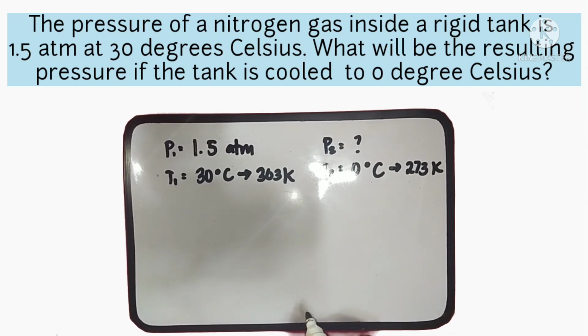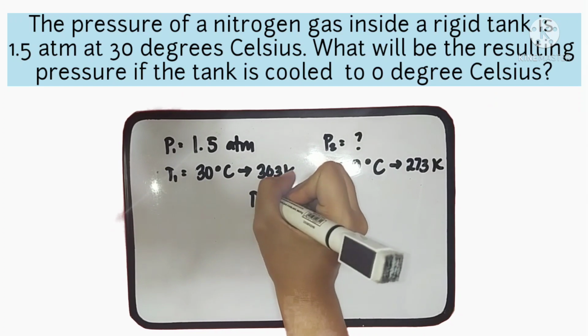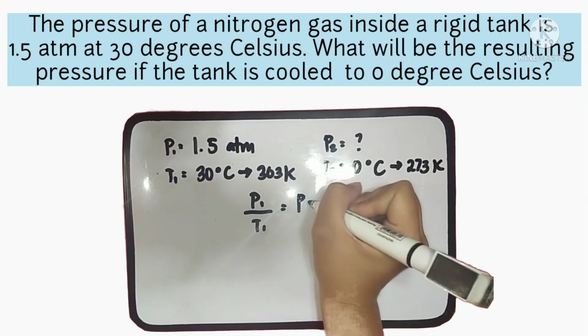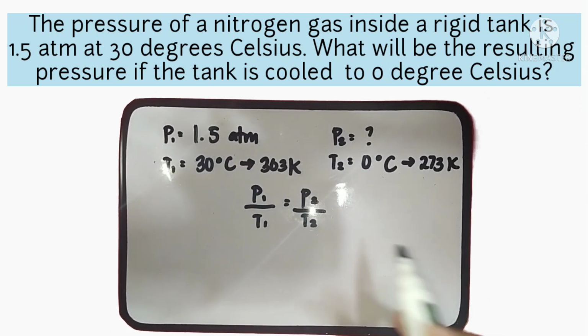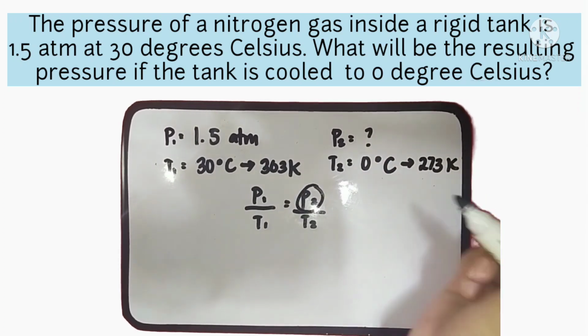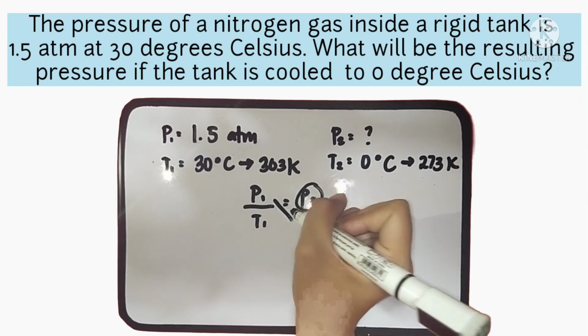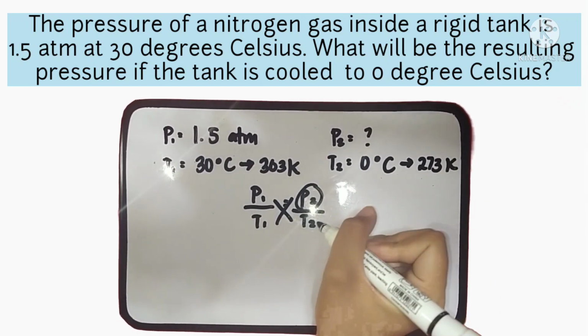Looking back, with the Gay-Lussac law formula, in which P1 over T1 is equal to P2 over T2, we will derive again this formula since we are looking for P2. So again, to derive the formula, we'll have cross multiplication.